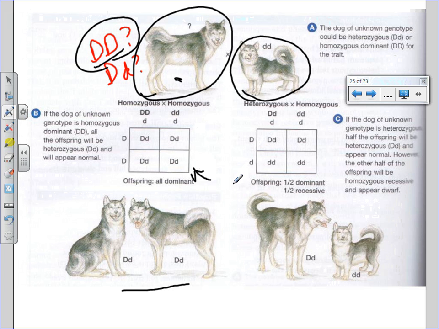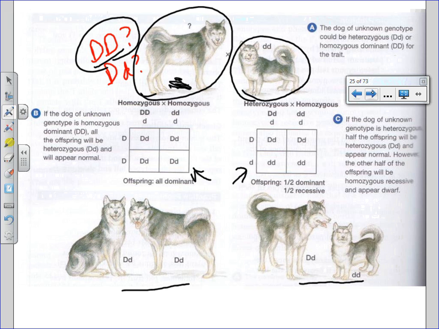Like we said earlier, if it was a carrier of the recessive allele, the little d, then they'd expect to see half of the offspring be dwarf. If they have any that are dwarf, then that's a sign that that particular parent they're wondering about has to be a carrier of that allele.